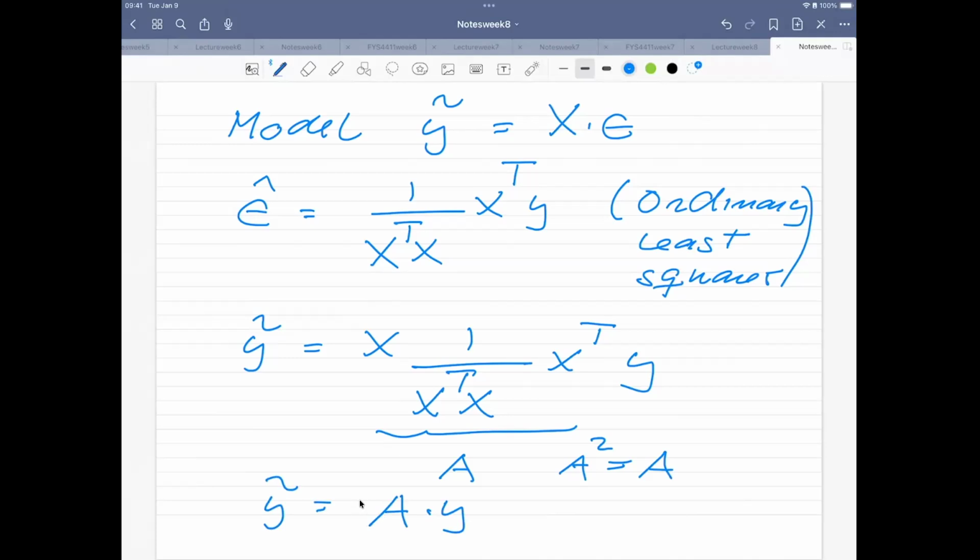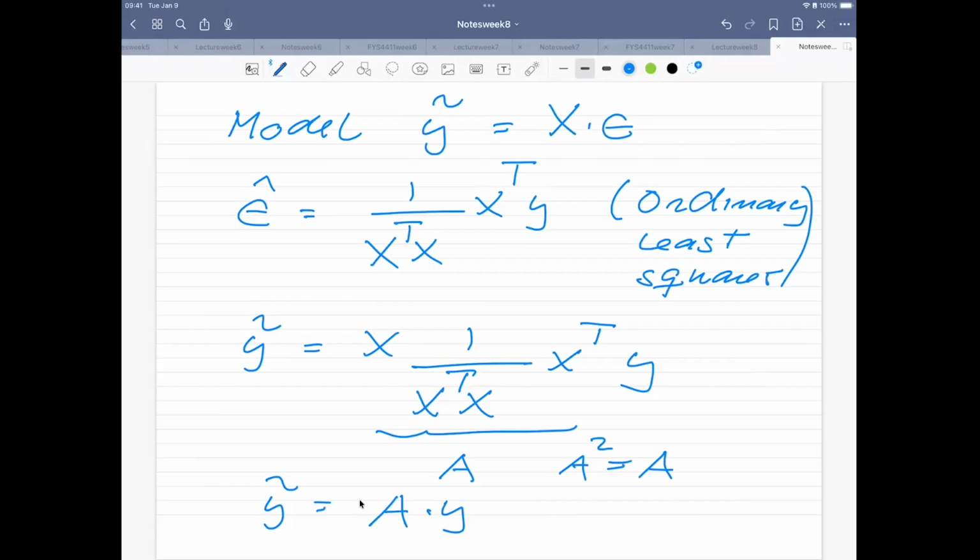They are so-called idempotent, and properties of projection matrices. So what we are doing now is actually projecting using the column vectors of this matrix X. We are then producing an effective representation of Y.